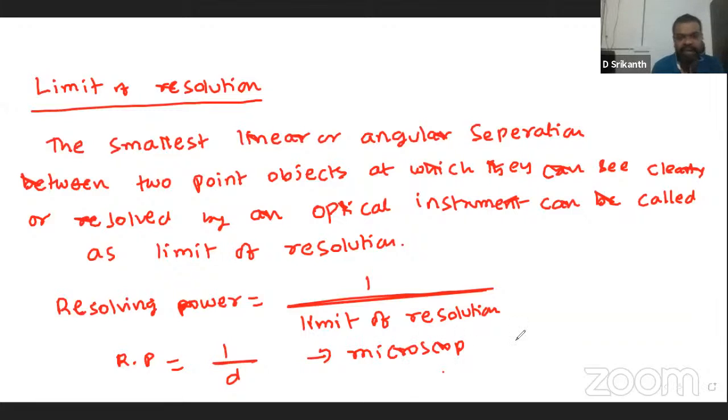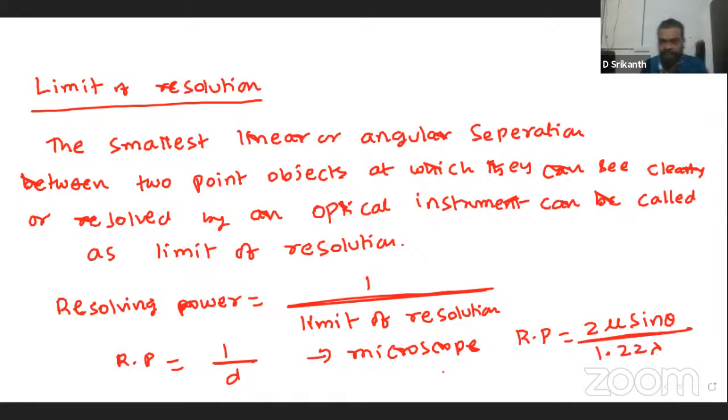We have the direct formula: resolving power equals 2 mu sine theta by 1.22 lambda, where mu is the refractive index and theta is the angle of diffraction. As the medium changes, the refractive index changes, and correspondingly the resolving power also changes.